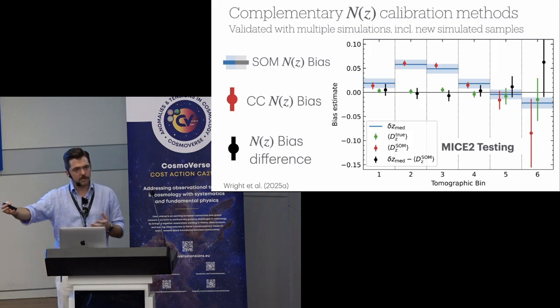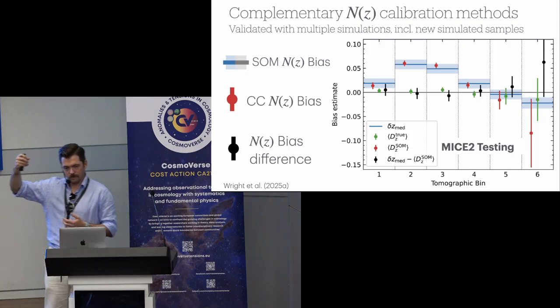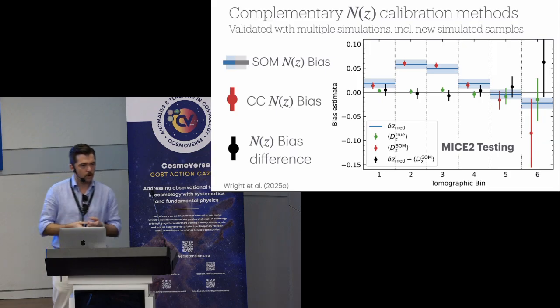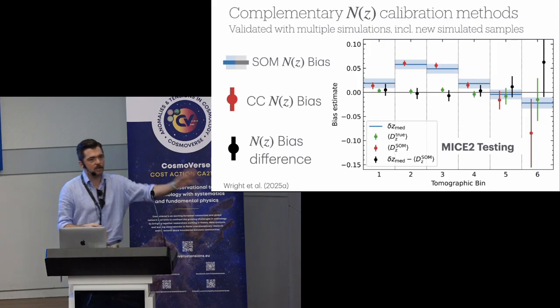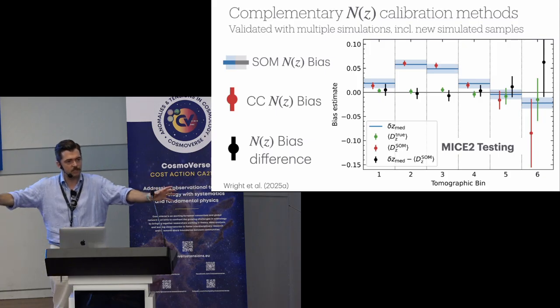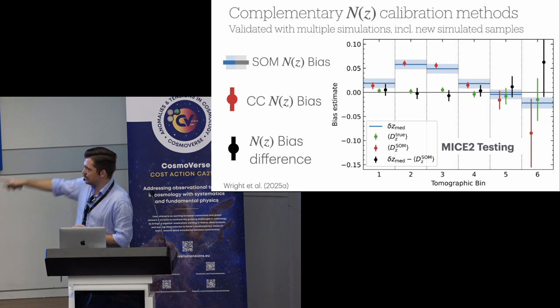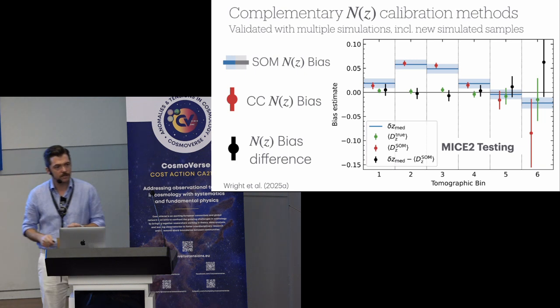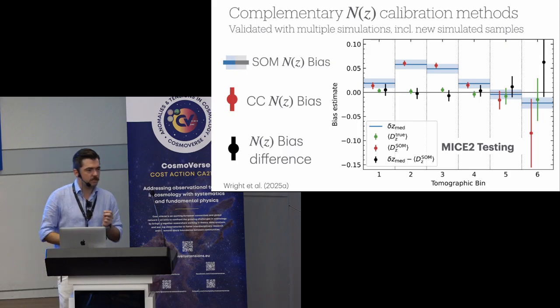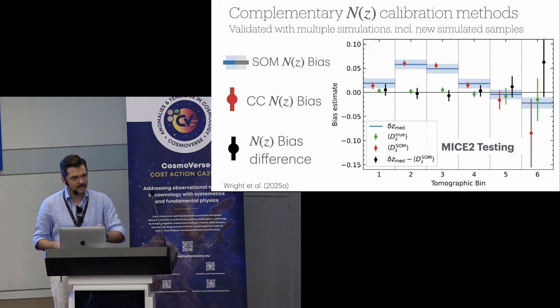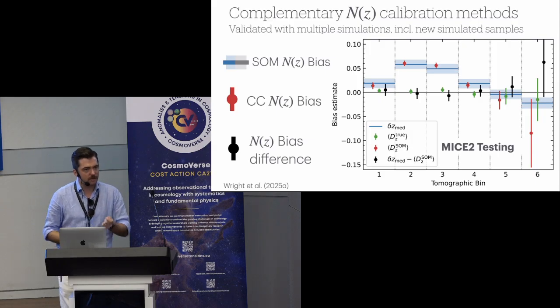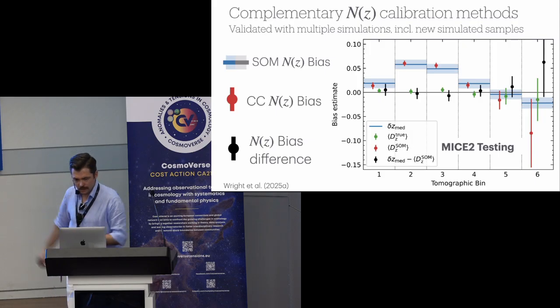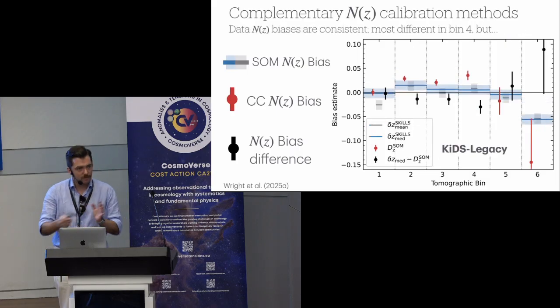We then take a fully independent set of spectroscopic sources that we use for on-sky cross correlations, and we can use those to estimate the bias in an independent fashion that doesn't require the image simulations. And that gives you the red data points here. And as you can see, the red data points fully agree with the SOM N(z) bias. So we have a method of calibrating our redshift distributions that is completely independent and that also returns the same bias that we see on these simulations. We now look at the same thing on the data, and on the data we see a similar level of agreement.